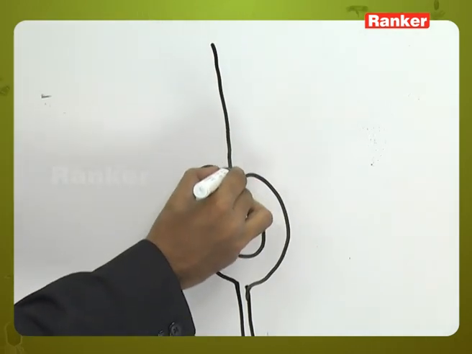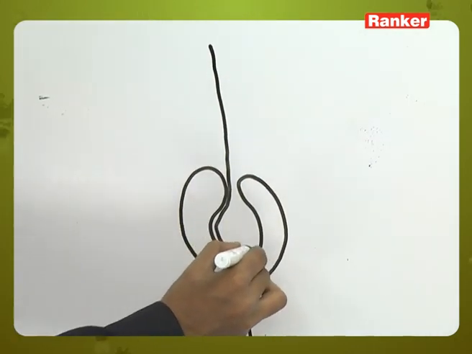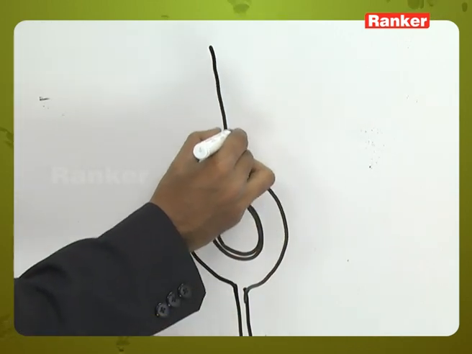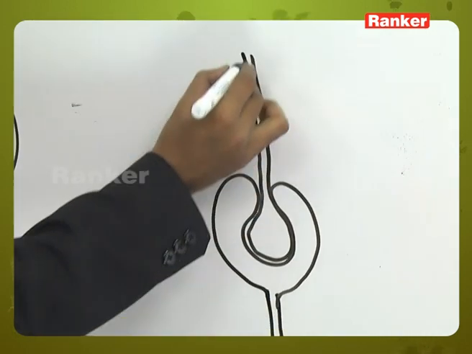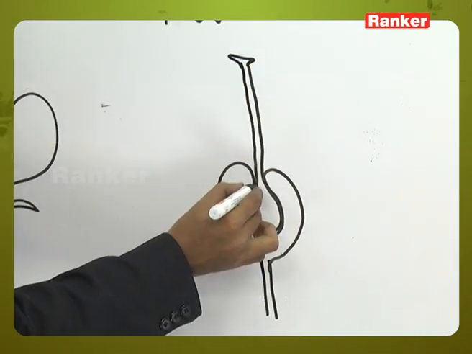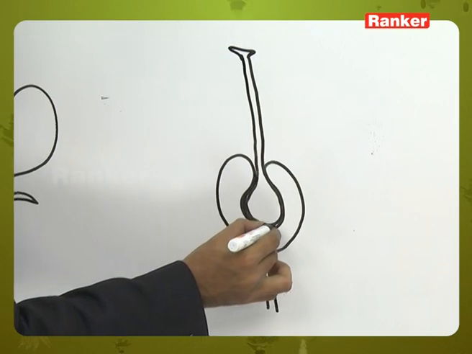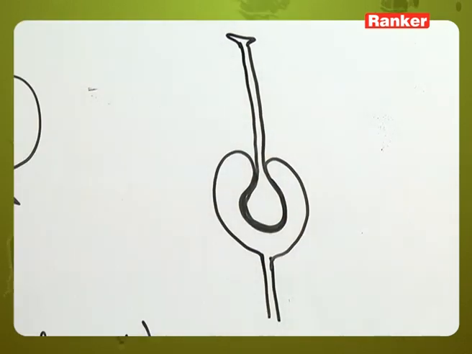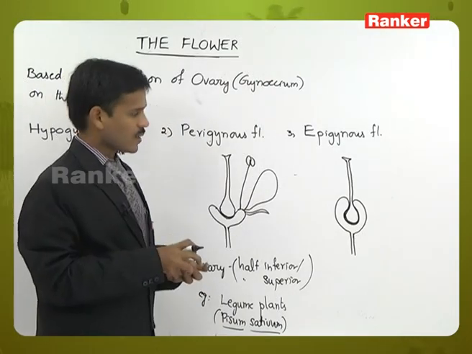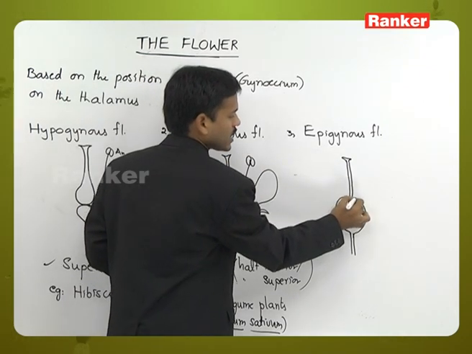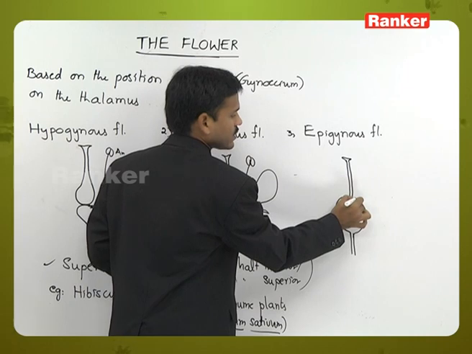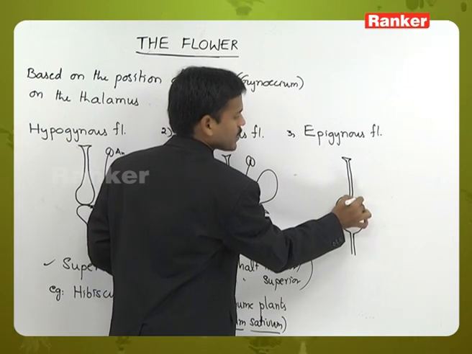In this, the gynoecium or the ovary is completely embedded, and the ovary is completely fused with the thalamus. So it is completely embedded in the thalamus and fused with it, and the remaining floral parts are attached on the top portion of the thalamus.